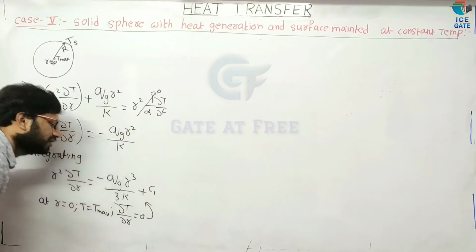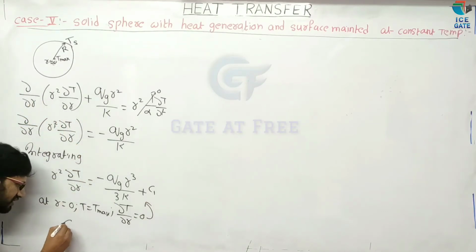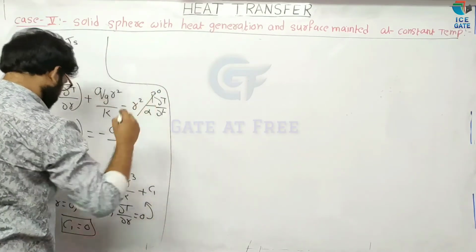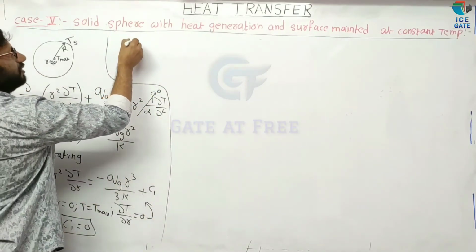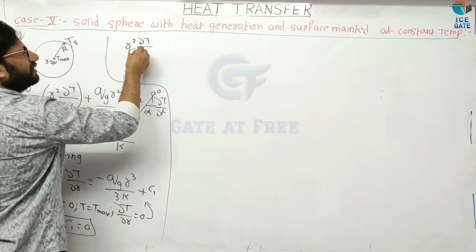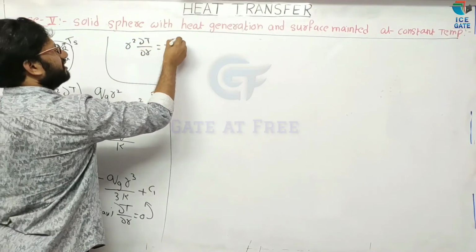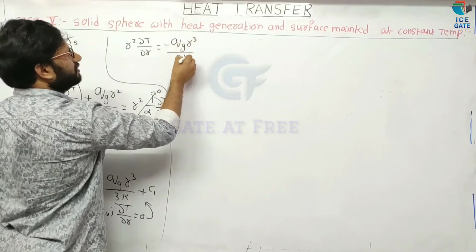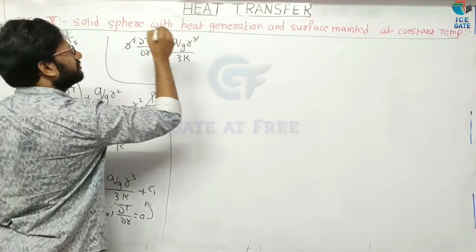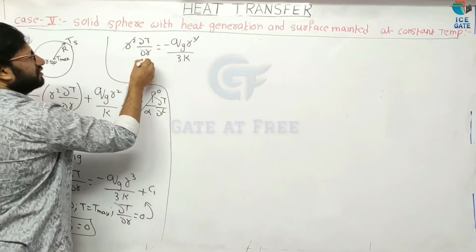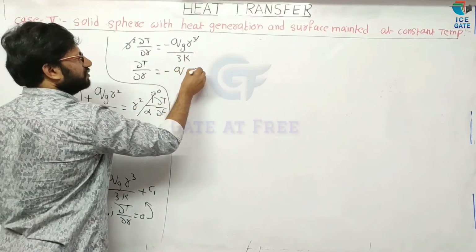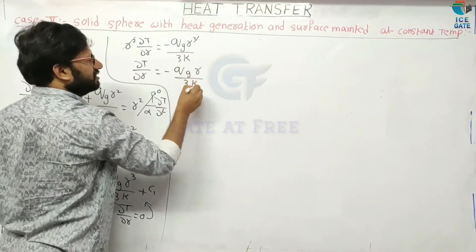Substituting in the above equation, we get C1 is equal to 0. Now the equation becomes r² ∂T/∂r is equal to minus Qg r³/3k. Here r² and r³ cancel. Therefore, ∂T/∂r is equal to minus Qg r/3k.